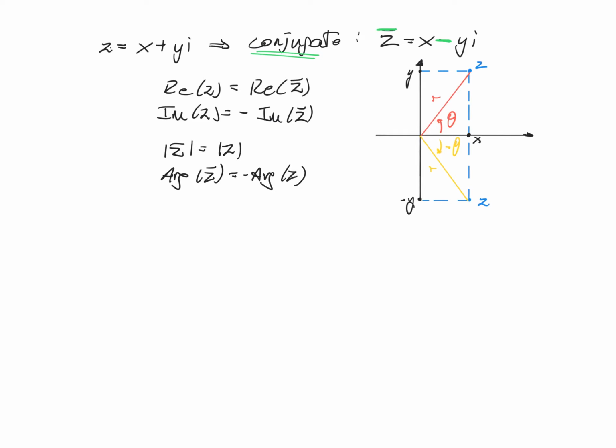Why? Because actually the conjugate is just a reflection of the point across the x-axis. Then we can also note that z is equal to z bar only if z is a real number, and z is equal to minus z bar only if z is purely imaginary.